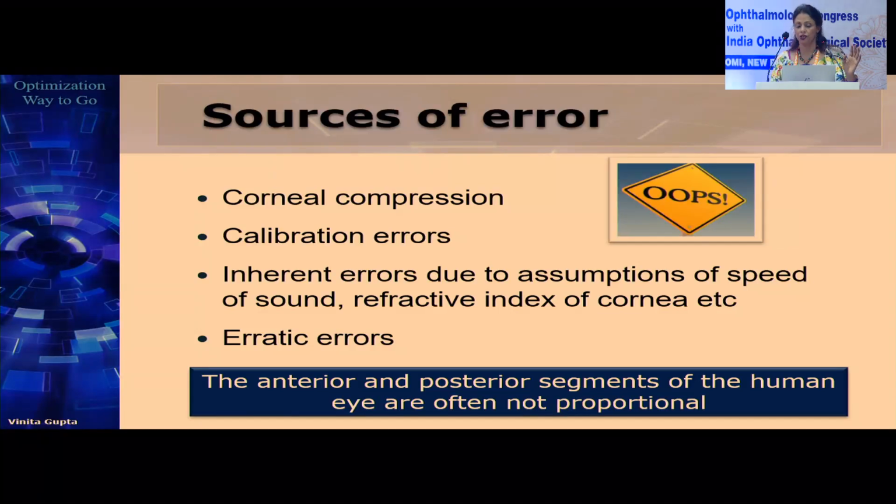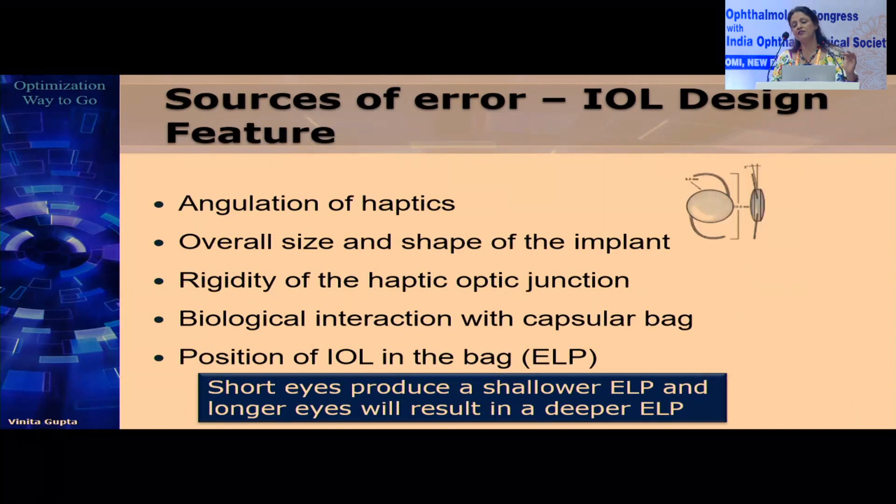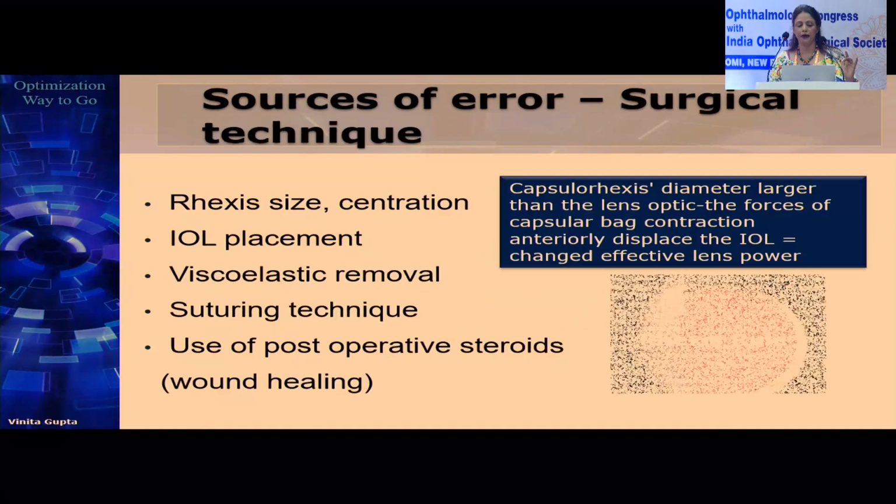Then we have sources of error arising from the IOL designs: the angulation, their overall size, the shape, the rigidity of the optic-haptic junctions, their biological interaction with the capsular bag which may vary from eye to eye, and the effective lens position, which another speaker will be talking about. We all know short eyes produce a shallower ELP and longer eyes will result in deeper ELPs.